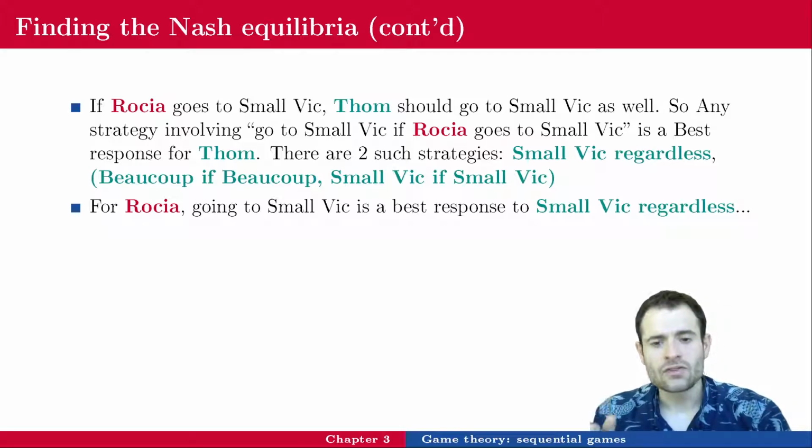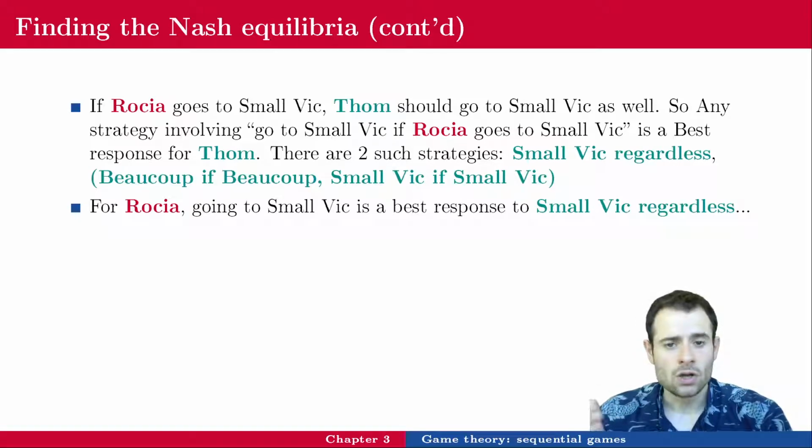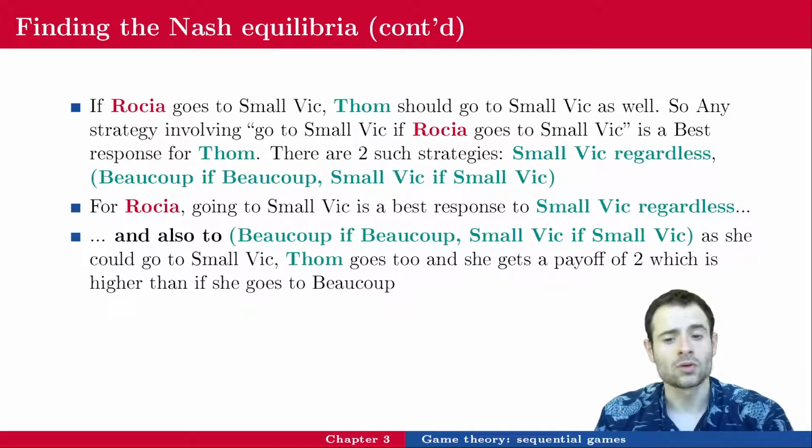Now, if Tom is going to follow Rosia no matter what, he goes to Boku when she goes to Boku, he goes to small victory when she goes to small victory. Where should she go? Well, she's going to be met by Tom no matter what. So she might as well go to the place she prefers. In this case, it is going to be small victory.